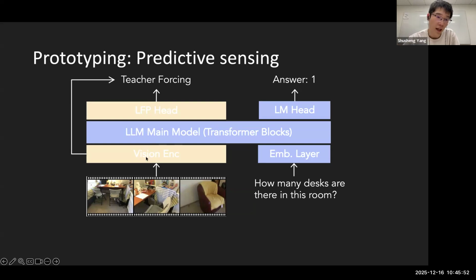During training, we train it on both the question answering task and also the next frame prediction task. The next frame prediction target is the visual encoder's output. So for the first frame, the supervision is the encoded second frame's feature, and for the second frame, the learning target is the third frame's features. And this is how we train our predictive sensing model.